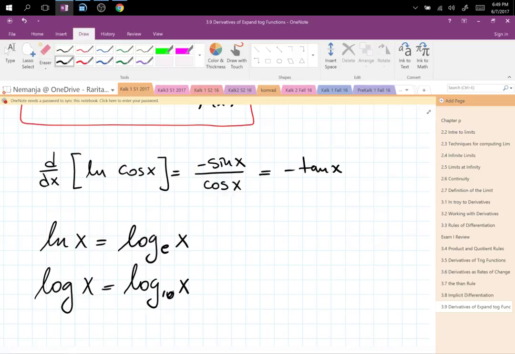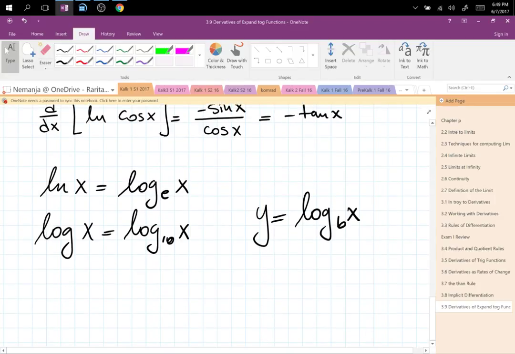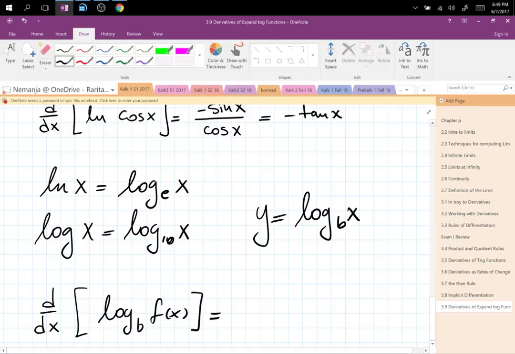But technically what you have is just y equals log base b of x, where b can be any value, not just e or 10. Could be 2, could be 1/3, could be pi. So it could be anything. And I want to know what is the derivative of the most general case we can have, and that is log base b of f of x.